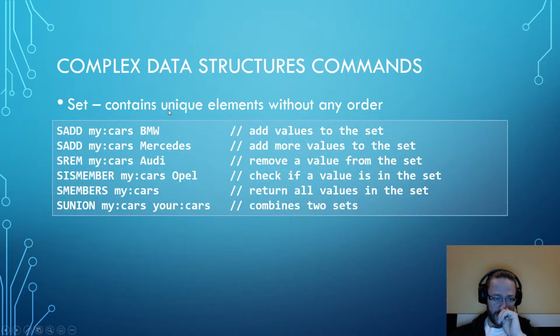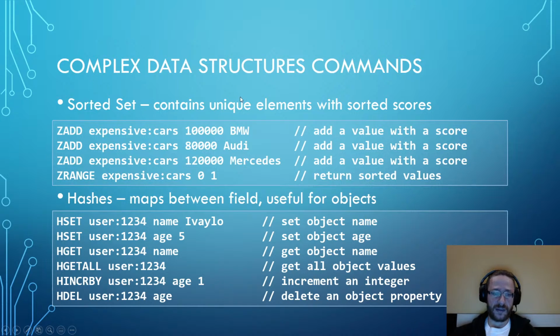Then we have a set. The set contains unique elements without any specific order, and it's useful when you want to check whether a value is inside a set. We have a sorted set, where we have unique elements with sorted scores.